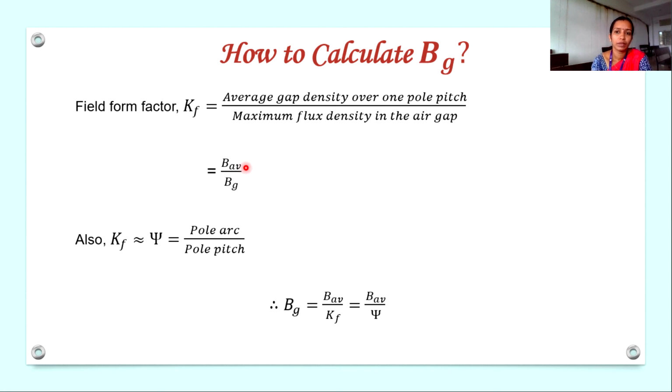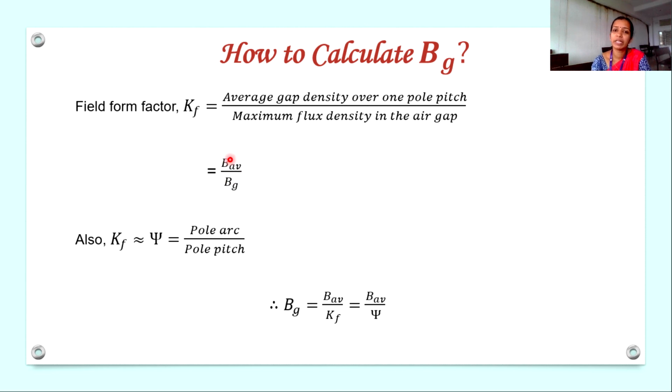We know there is a constant known as field form factor denoted as Kf, which is the ratio of average flux density over one pole pitch divided by maximum flux density in the air gap. So field form factor is B average divided by Bg. If we know both these values Kf and B average, we will get the value of Bg.